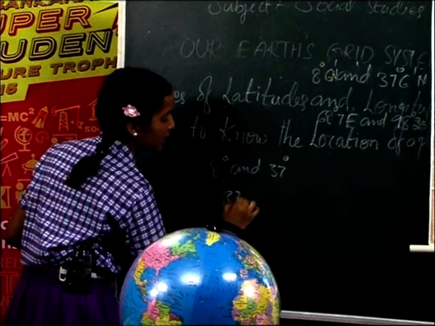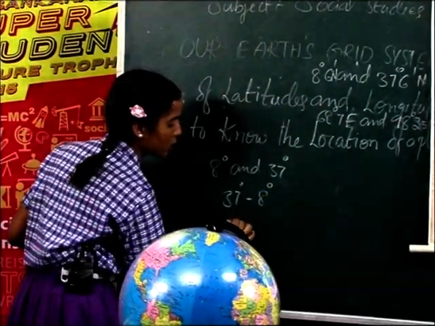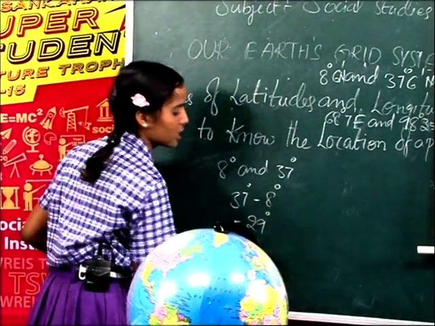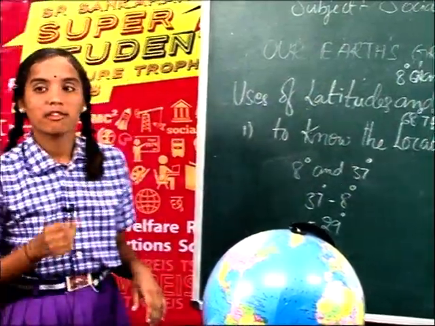So, 37 degrees minus 8 degrees is equal to 29 degrees. Okay friends, here we have discussed that the distance between one latitude and the next is approximately 111 kilometers.